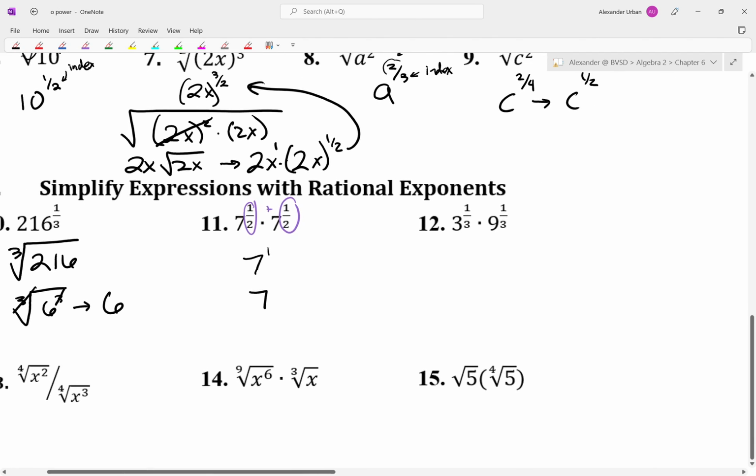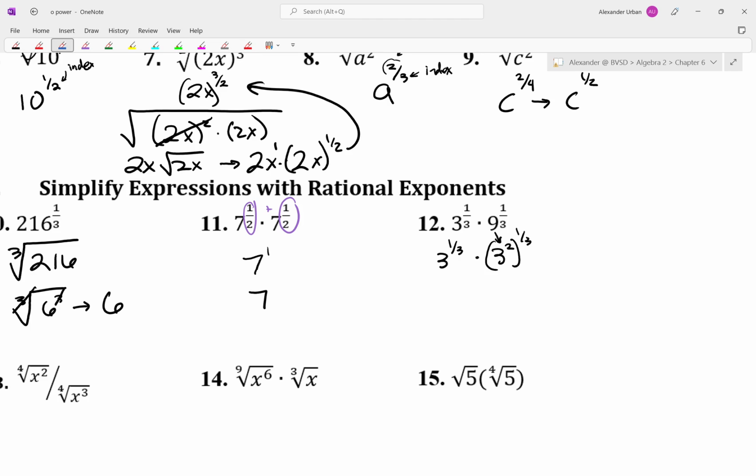On 12, we should do a little bit of simplification. I'm going to rewrite this as 3 to the 1/3 power times 3 squared. You get that from 9 raised to the 1/3 power. From our laws of exponents, again, if we raise a power to another power, we have to multiply the powers.